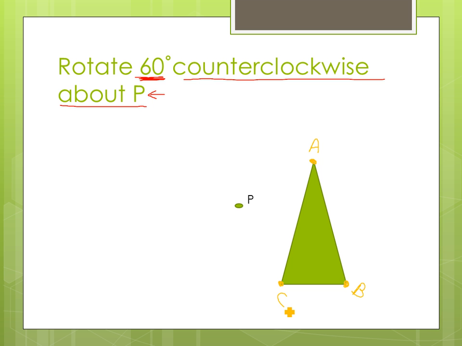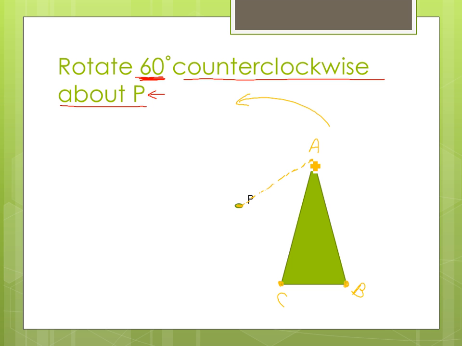We're going 60 degrees counterclockwise, so that means we're moving this direction, and we're going about this point P right here. Well, what you have to do to estimate this is sort of tether point P to each of these points. And we want to go 60 degrees.